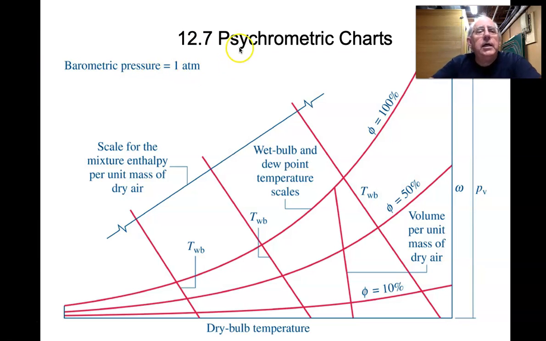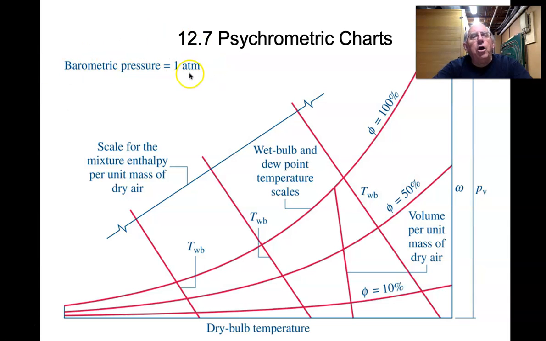In this case, it corresponds to 1 atmosphere. If you were doing HVAC calculations, let's say in Denver, Colorado, where the barometric pressure is below 1 atmosphere, you would have to have an appropriate psychrometric chart for that mixture pressure.